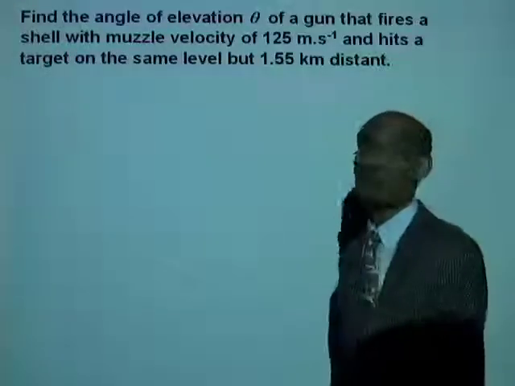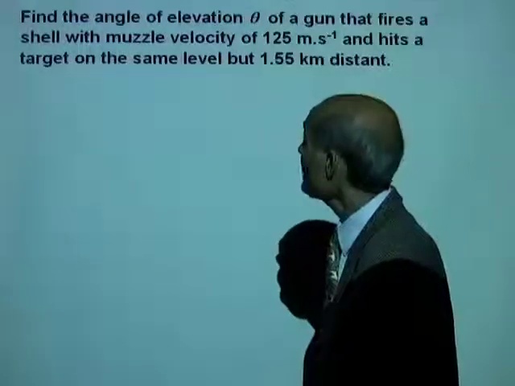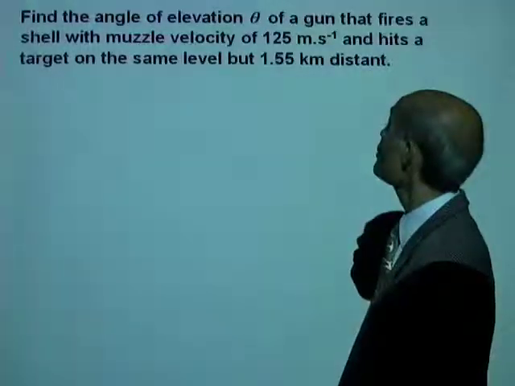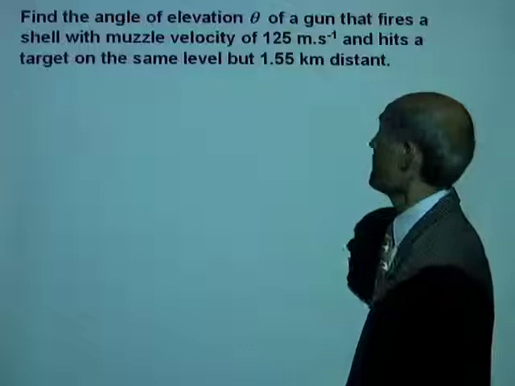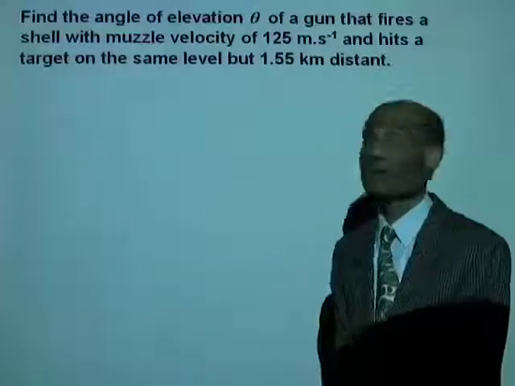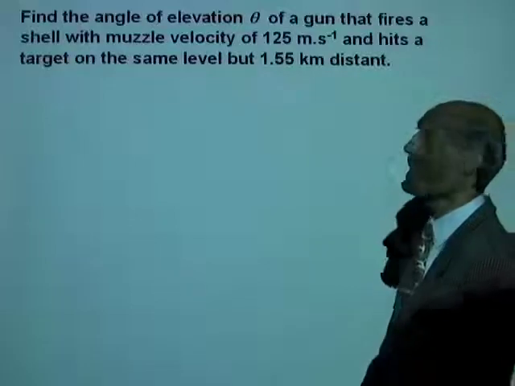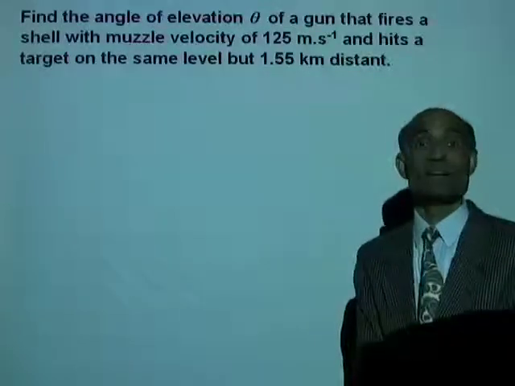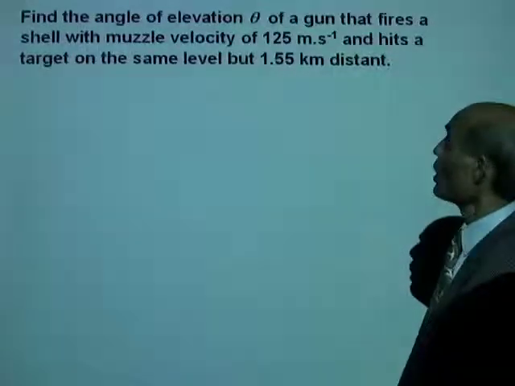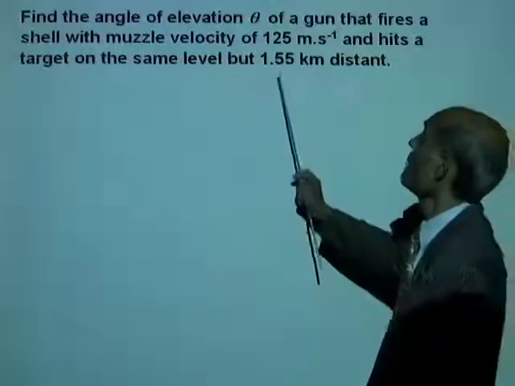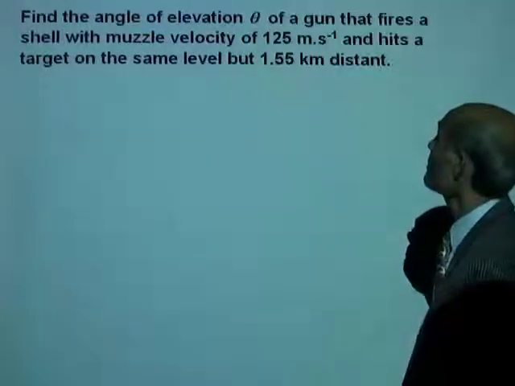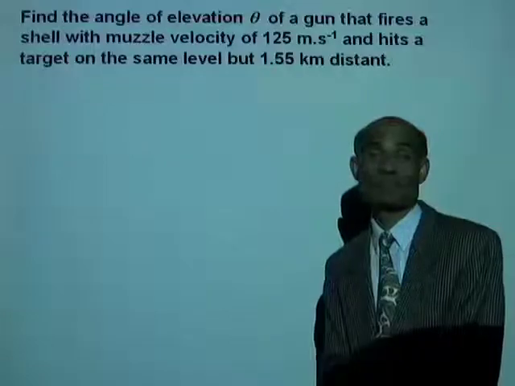Okay, another problem. Find the angle of elevation theta of a gun that fires a shell with a muzzle velocity of 125 meters per second and hits a target on the same level but 1.55 kilometers away.